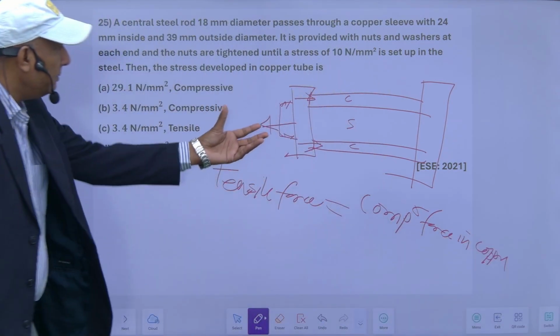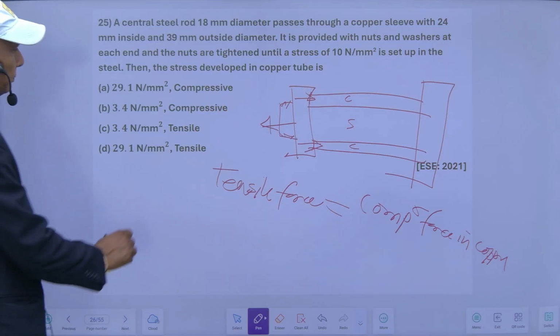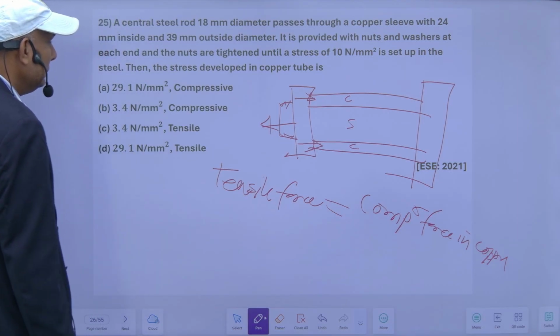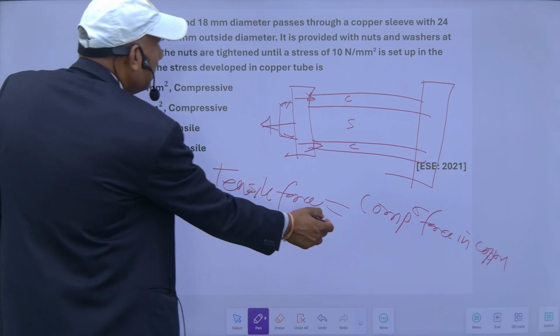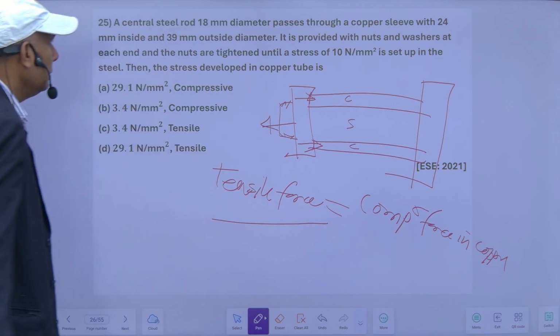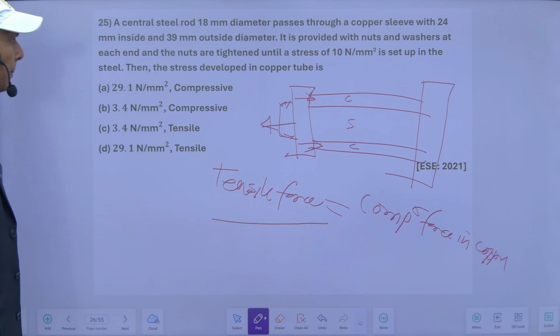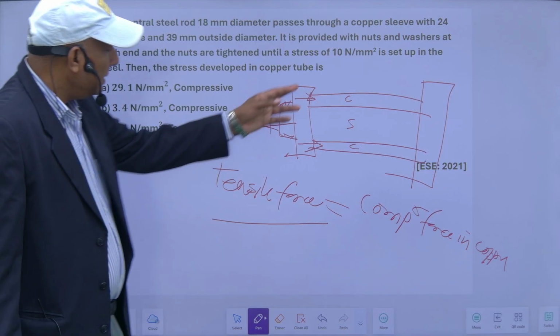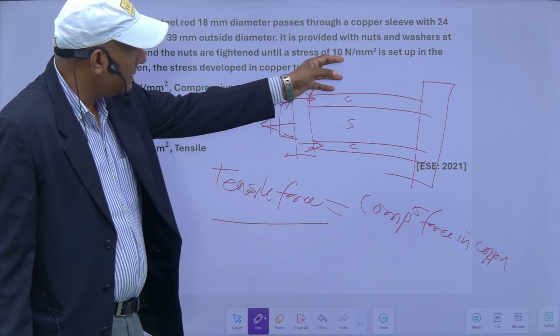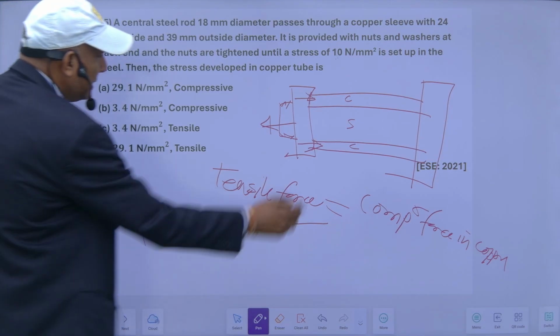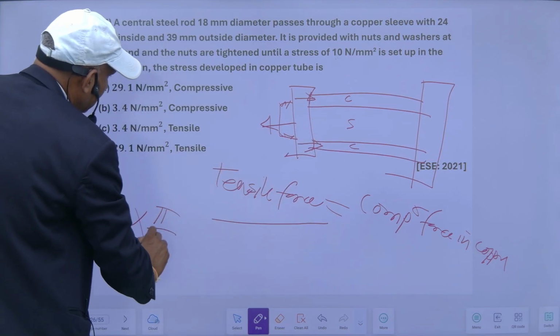Compressive force in copper. Tensile force in the steel will be equal to it. Tensile steel means here stress in the steel is 10 Newton per mm square. So this is the stress into area of the steel, equal to pi by 4 into its dia.